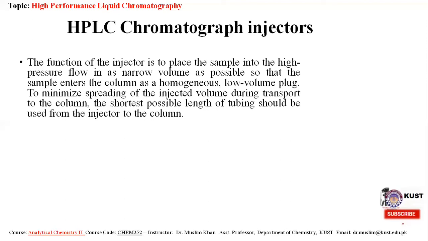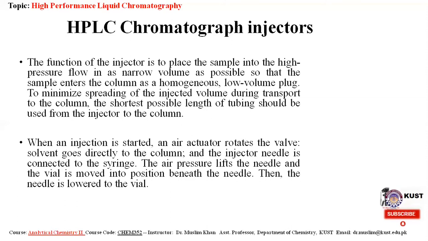The shortest possible length of tubing should be used from the injector to the column so that the flow is not affected. When injection is started, an air actuator rotates the valve, solvent goes directly to the column, and the injector needle is connected to the syringe. The air pressure lifts the needle, and the vial is moved into position beneath the needle. Then the needle is lowered to the vial.